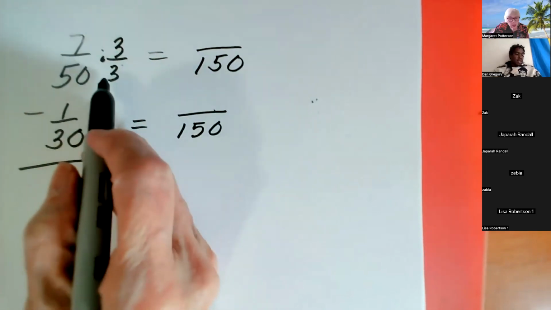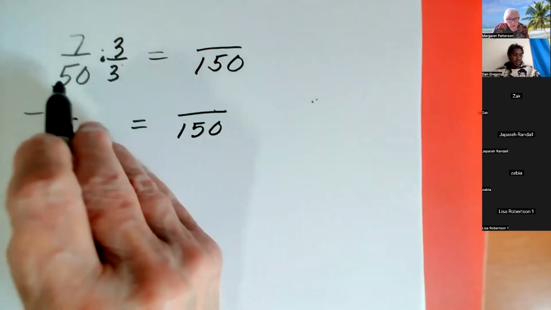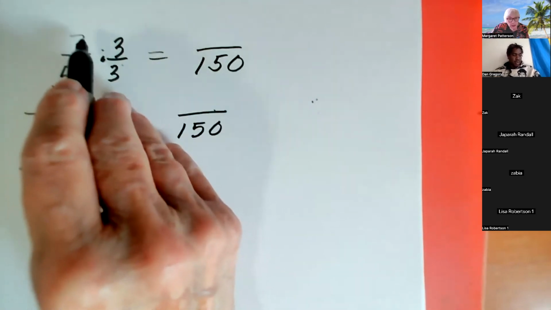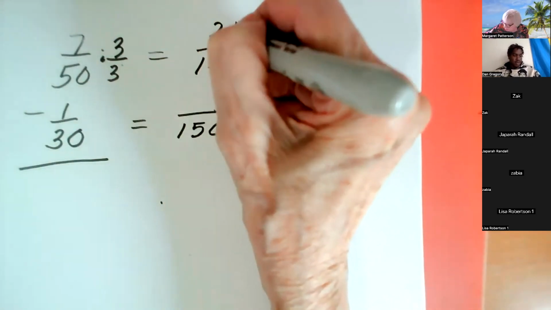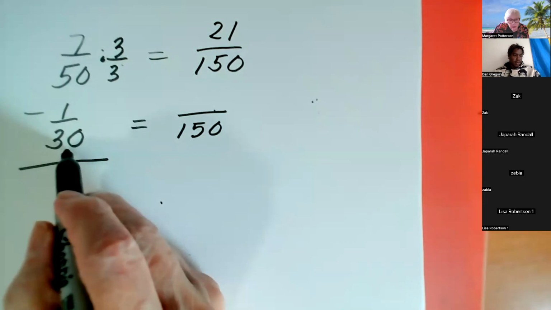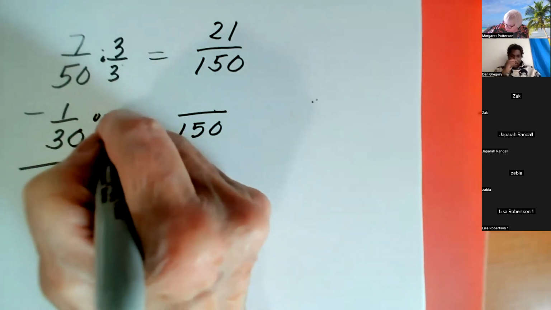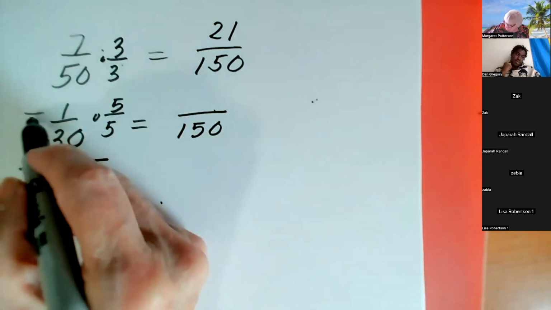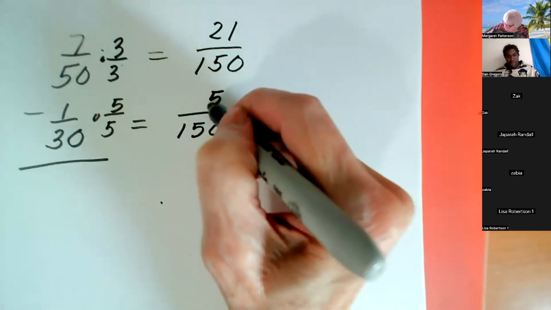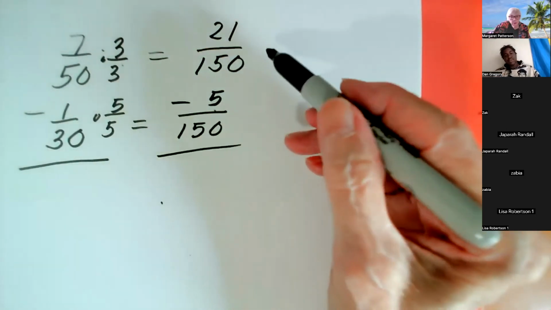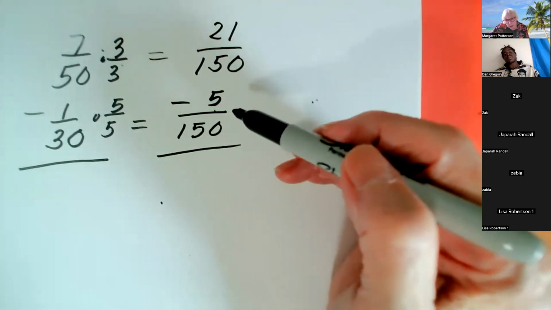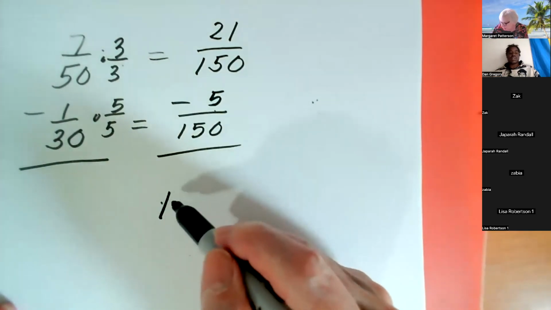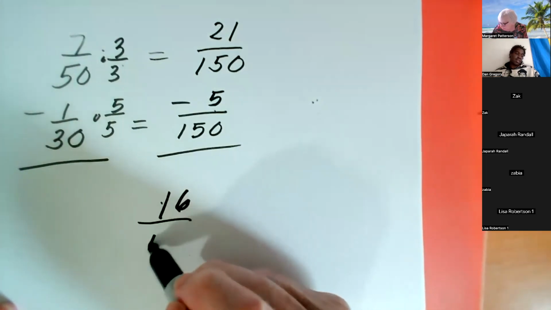So 50 times 3 is 150, and then 7 times 3 is 21. And then 30 needs a 5. Subtract 1 times 5 is 5. So this problem becomes 21 take away 5 is 16 over 150.